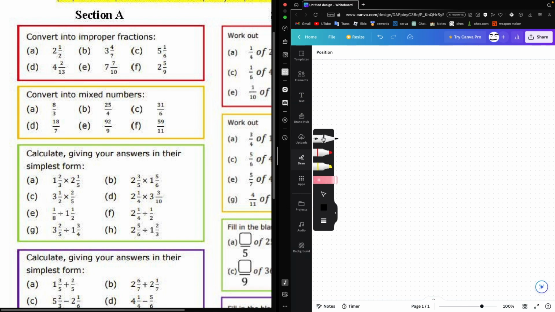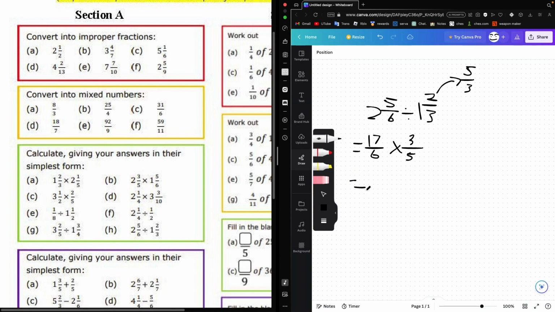H. So H, same thing you need to do, 2 and 5 over 6 divide by 1 and 2 over 3. Same thing, equals first 2 times 6, 12, 12 plus 5, 17 over 6. Times 1 times 3, 3 and 3 plus 2 is 5, so 5 over 3. Times 3 over 5 here.